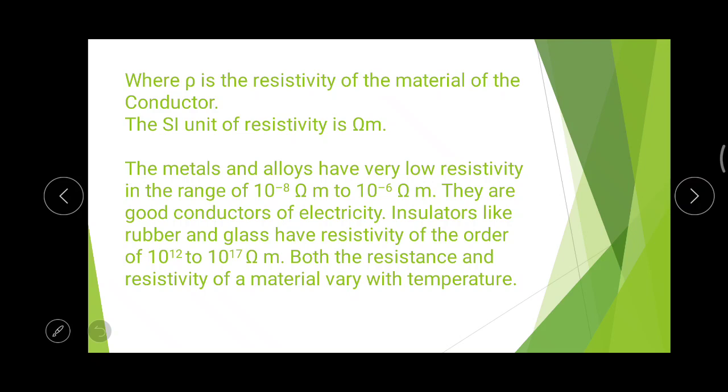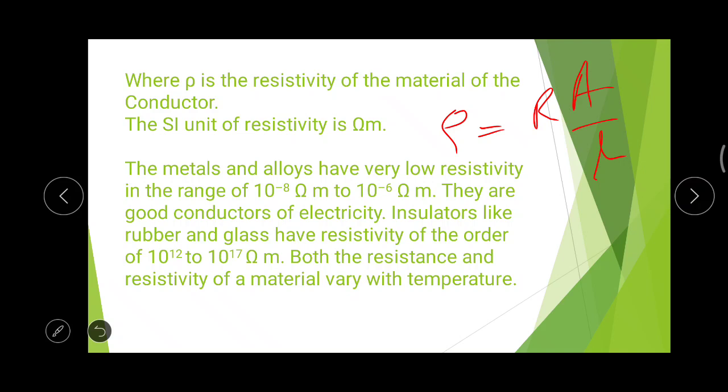Actually the reason for that unit is, we know that R is equal to rho into L by A, so rho is equal to R into A by L. The unit of R is ohm, and the cross-sectional area, pi r square, will be meter square.